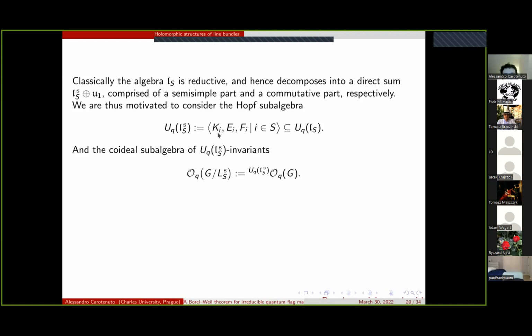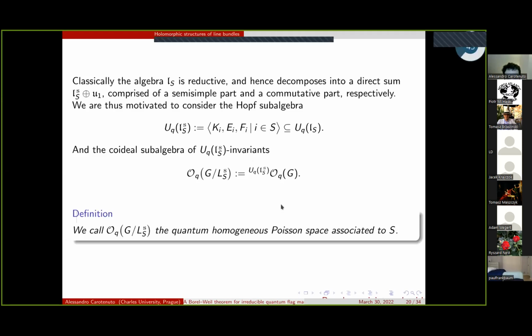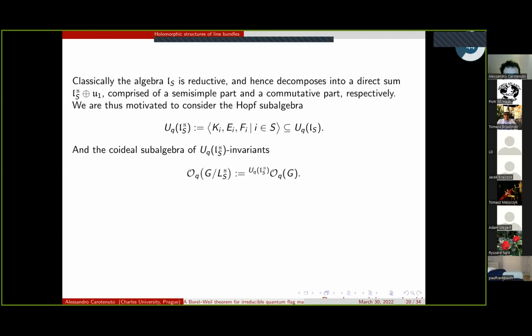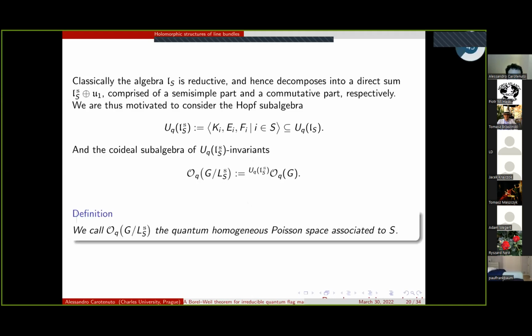And now I also remove the K_i corresponding to the non-crossed nodes. In this way, I obtain a smaller algebra contained inside of U_q of L_S. And I can consider again the coideal subalgebra of invariants, which I denote in this way, and is known as the quantum Poisson homogeneous space associated to the subset of simple roots S.